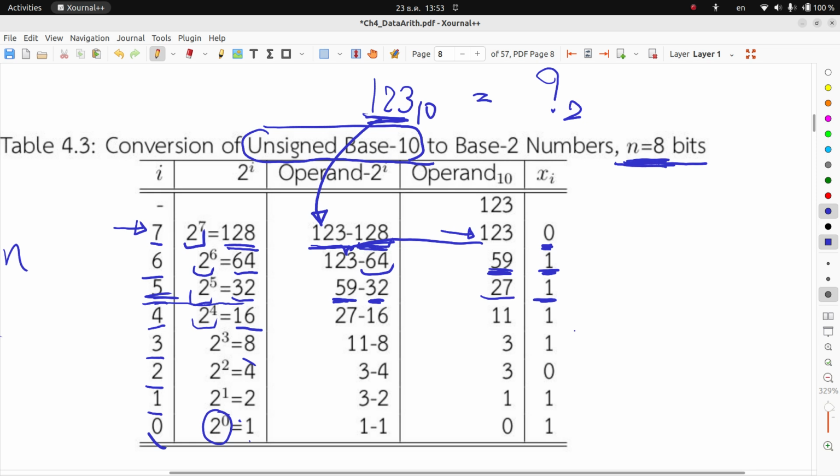Okay? We can continue until the remainder is 0. Therefore, it's 0, 1, 1, 1, 1, 0, 1, 1, base 2. This is 123 base 10.